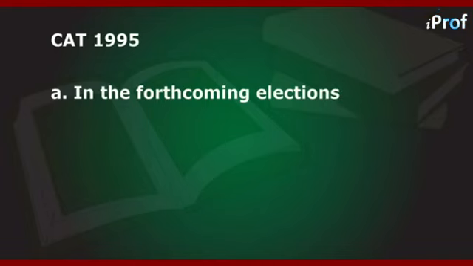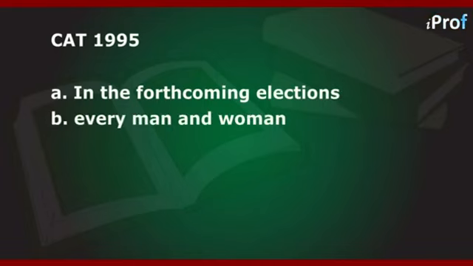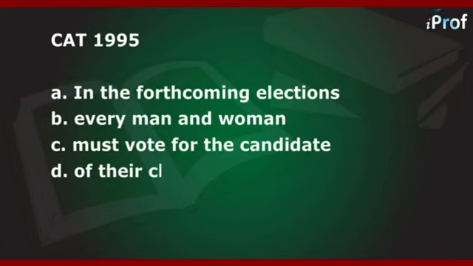Let's read it. In the forthcoming elections, every man and woman must vote for the candidate of their choice. Now, the sentence says, every man and woman. Now, the word every is singular. So, how can every man and woman vote for the candidate of their choice?